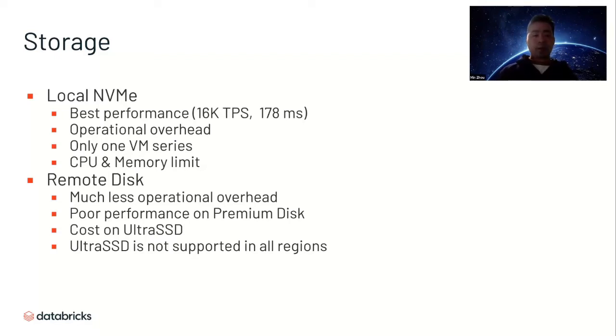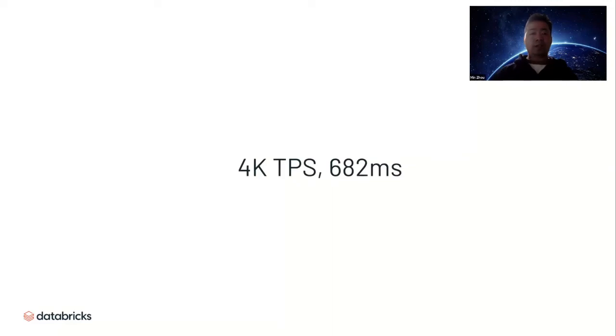Okay, and at the beginning we got this number, 4K TPS and 682 milliseconds, but let me make a declaration. We ran it on Azure. AWS EBS is much better, and also we are running a very high workload. A regular workload is much better. And also this is write intensive.